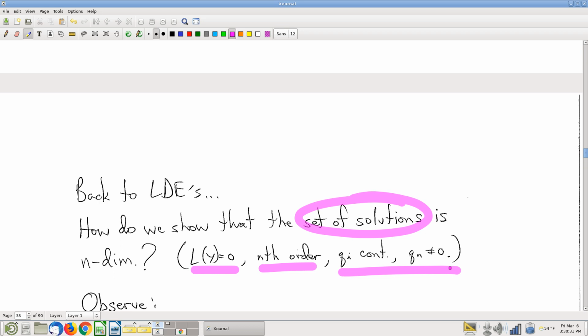And one of our big theorems was that the set of solutions was n-dimensional. We didn't prove that. We proved it was a subspace of Cn, and we asserted that it was n-dimensional. We used that it was n-dimensional, right?